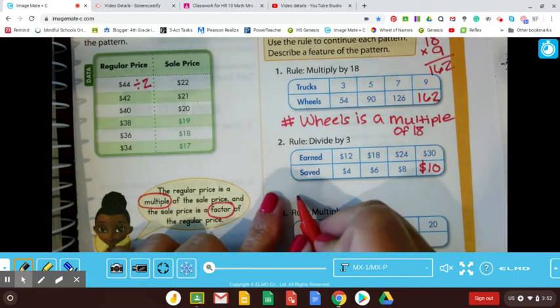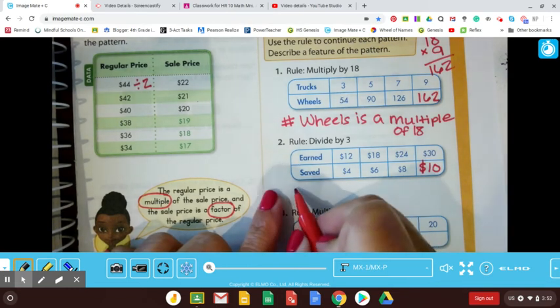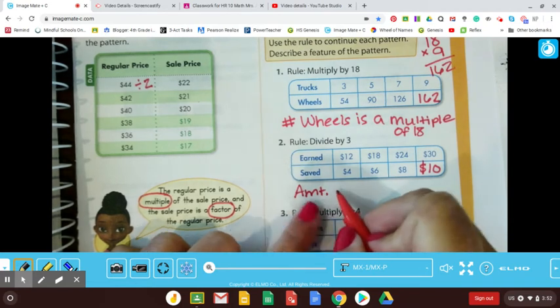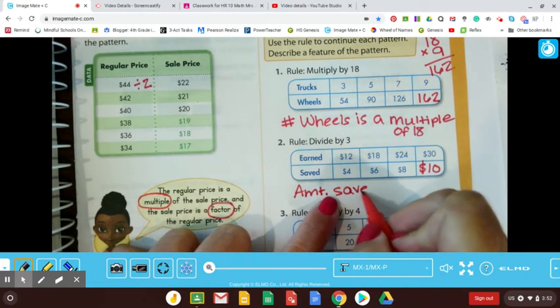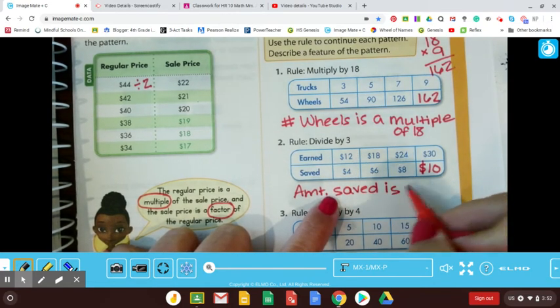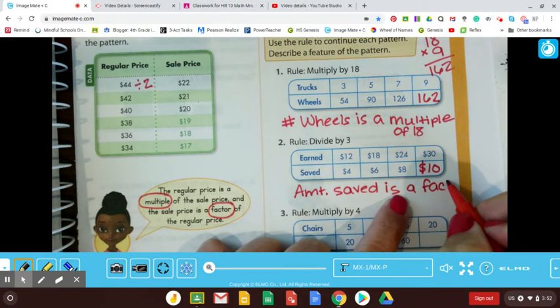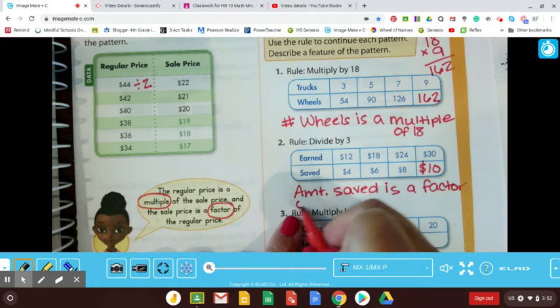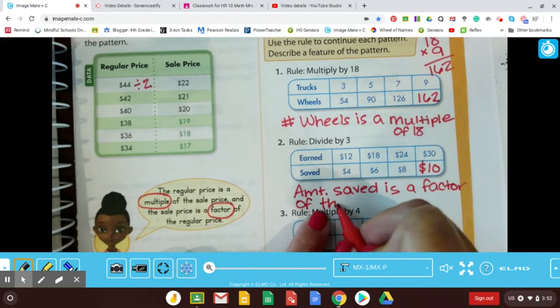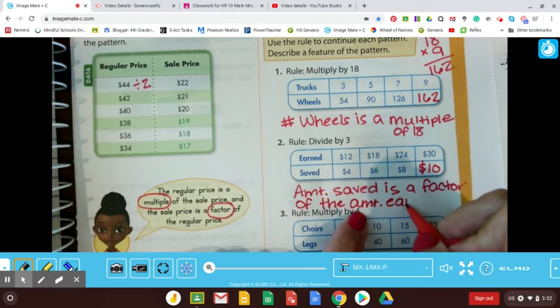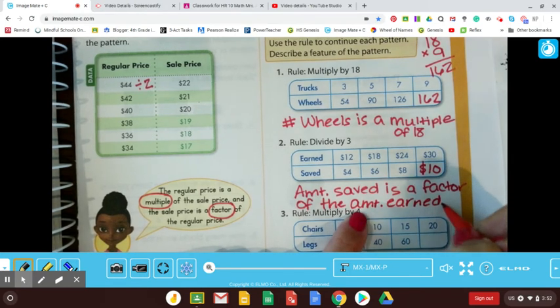I'm going to put down, my feature is that the amount saved, I'm going to abbreviate here, saved is a factor of the amount earned.